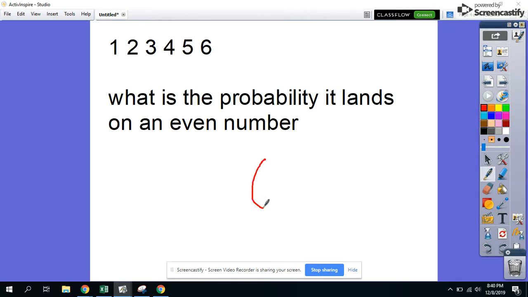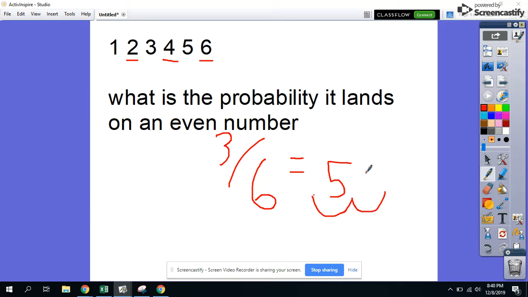There are still 6 possible ways this can happen. Still 6 things. Then you think, how many of them are even? 1, 2, 3. So there is a 3 out of 6 chance this would work. Or, again, if you change it to a decimal, 0.5, or as a percent, 50%.